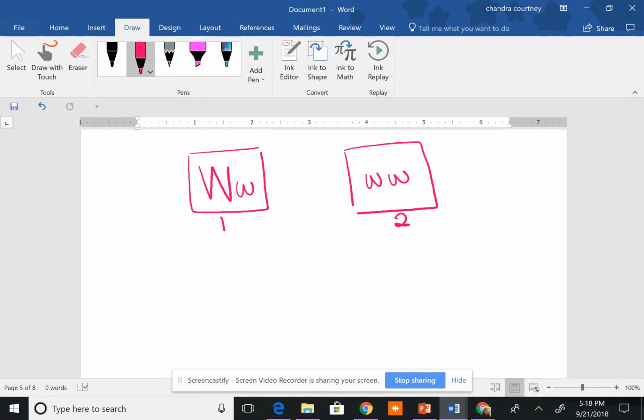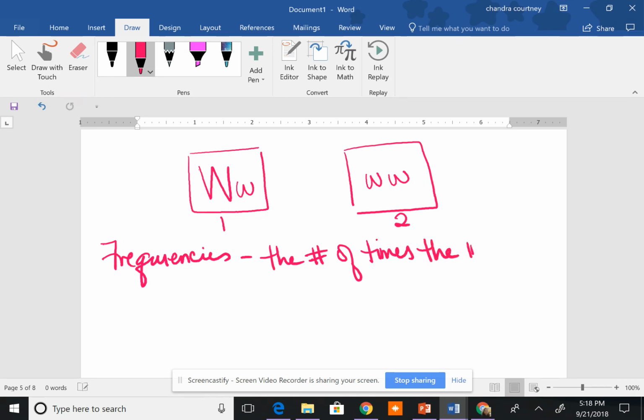So let's think of your frequencies as the number of times the individual allele is represented.